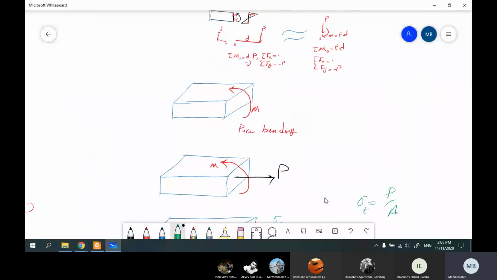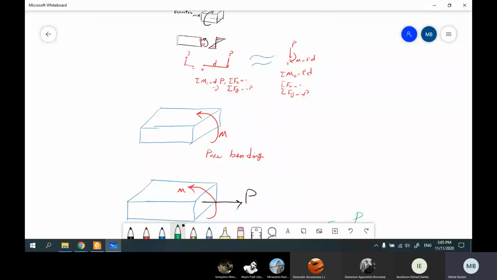In this case, what is the amount of stress distribution at each point? If you remember, sigma is equal to Mc over I, and the distribution is not uniform. In some parts, we have larger stresses, like here. In some parts, we have, for example, zero stress. At which location? At the neutral axis.